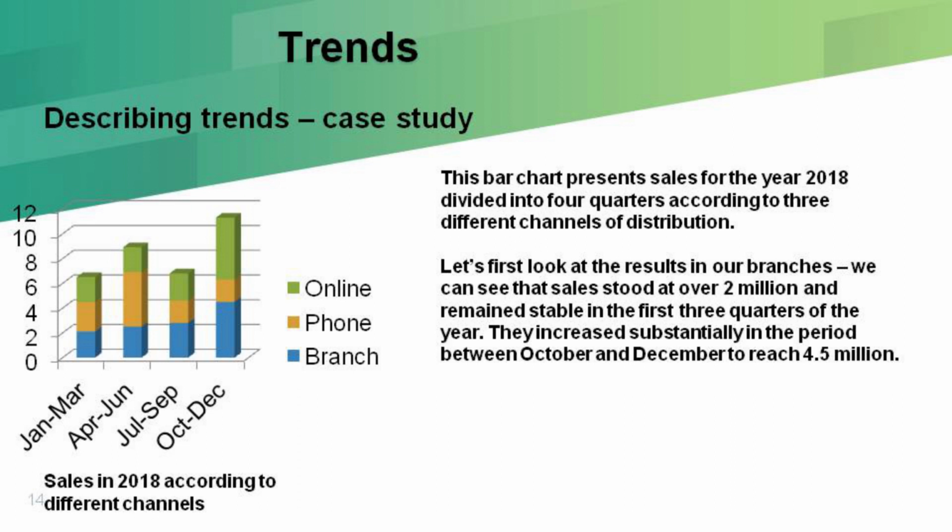We can see that sales stood at over 2 million and remained stable in the first 3 quarters of the year. They increased substantially in the period between October and December to reach 4.5 million.